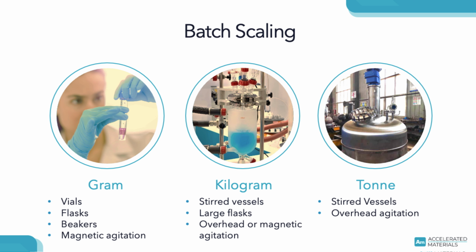Finally, at the ton scale, typically you'll have big vessels. These can be 1,000 or 10,000 liters at scale. These are typically stainless steel vessels, or sometimes glass-lined stainless steel vessels, that are predominantly agitated through overhead agitators.